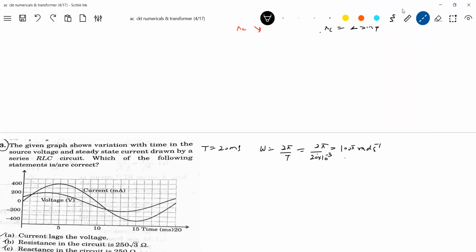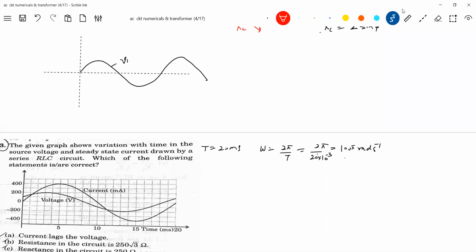signals like this. So which one is lead, which one is lag? Let me take the black color one. This particular thing I'll call V1. Then I'll draw another one.